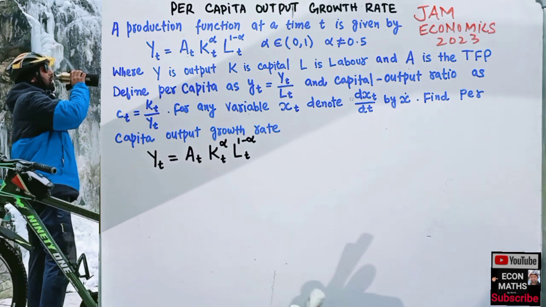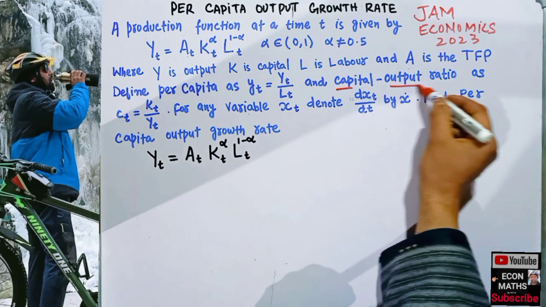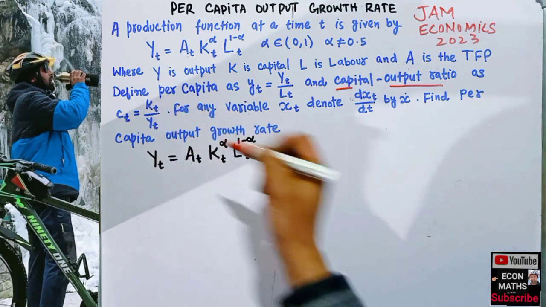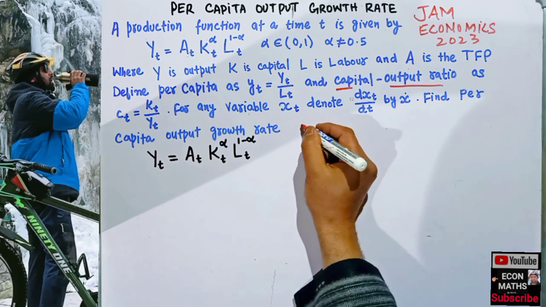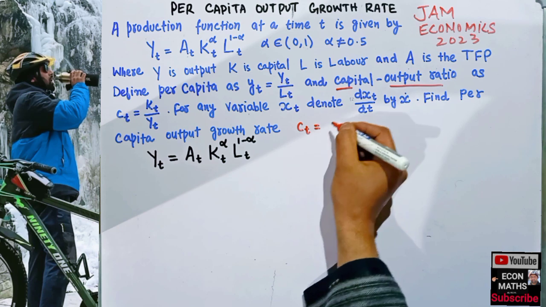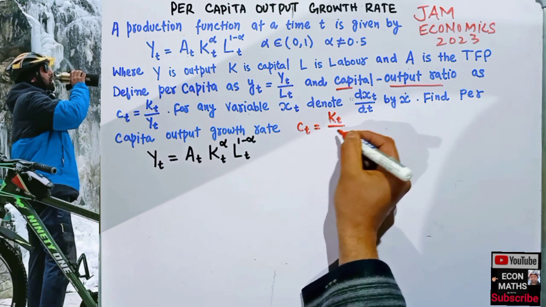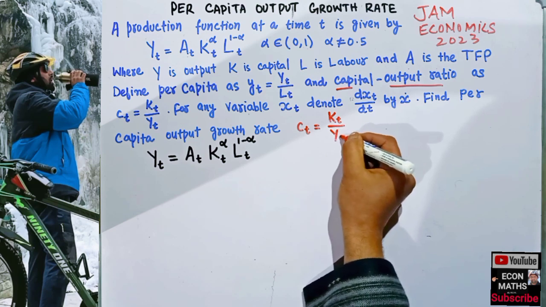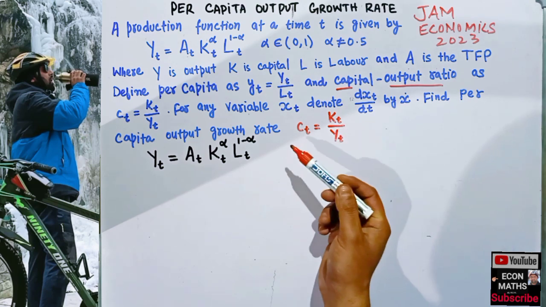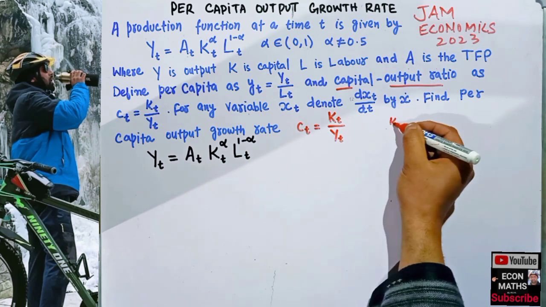We are being told that the capital output ratio is C_t = K_t divided by Y_t. Let me repeat it here again. In the question, the capital output ratio is denoted by small k.